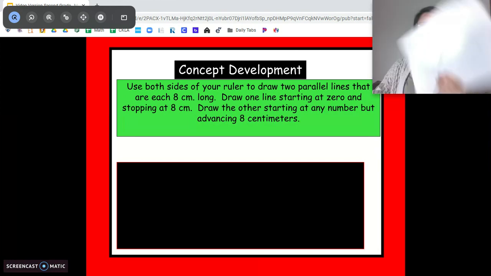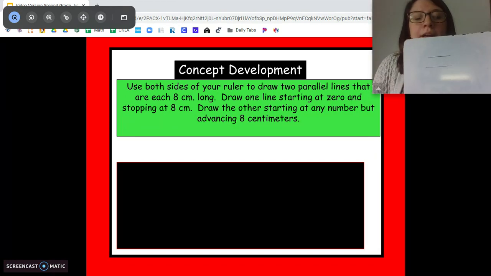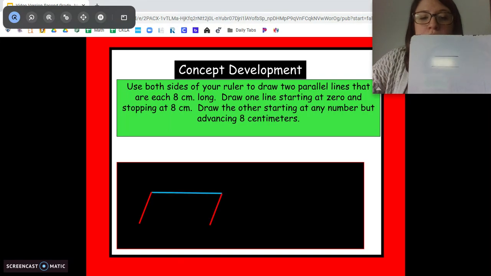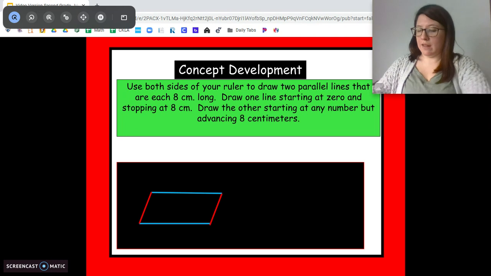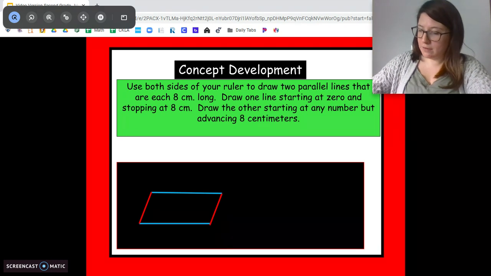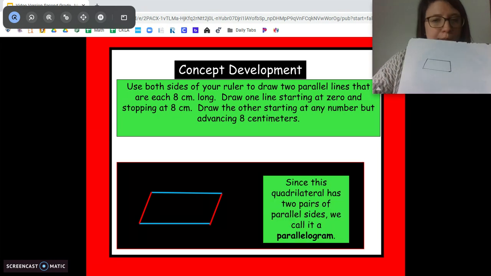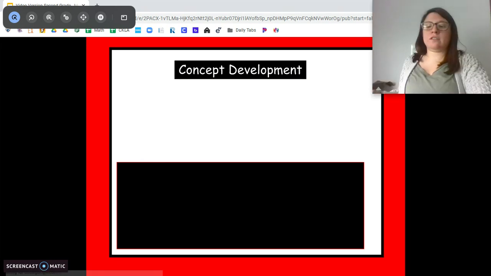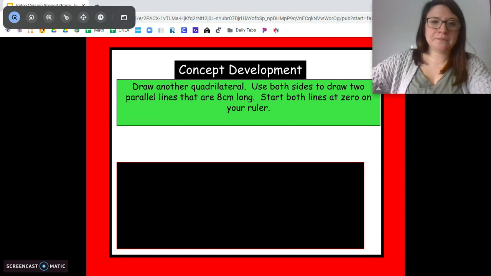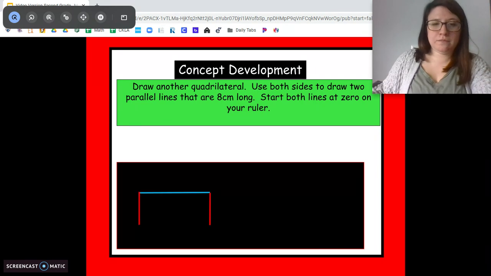Just like that. All right? Then you're going to draw another line like this, and another line like that, and we are going to get a parallelogram. 2 pairs of parallel lines.